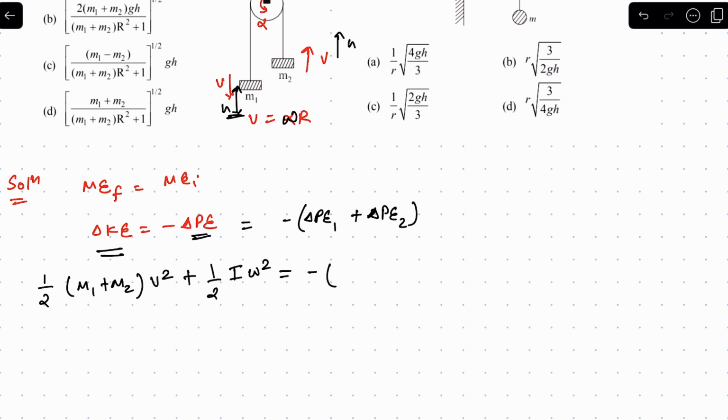The change in potential energy of block 1, because it is going down, should be negative, since potential energy decreases, so minus m1gh. If it is displaced down by height h, then m2 goes up by height h, so its potential energy increases, and that is plus m2gh.